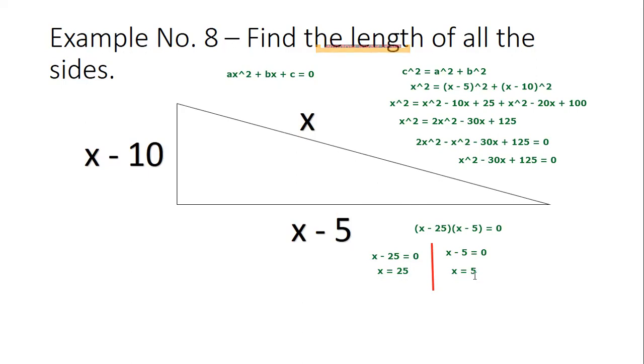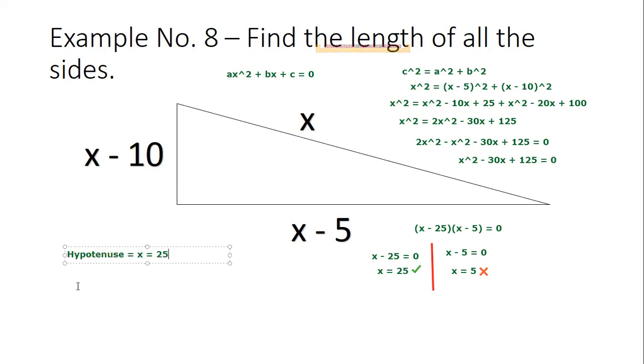That's a possible value, but we cannot have a negative number or a 0 as a measurement of the other legs of your triangle. So we cannot use the lower value of x, since although they are both positive integers, we cannot use this. What we are going to use is the larger integer, which is 25. So this 25 is your hypotenuse.